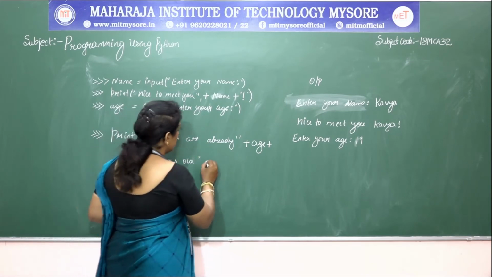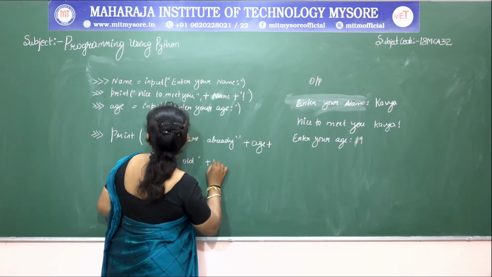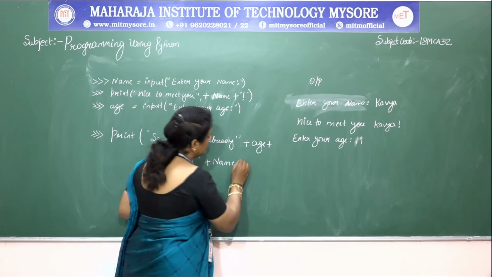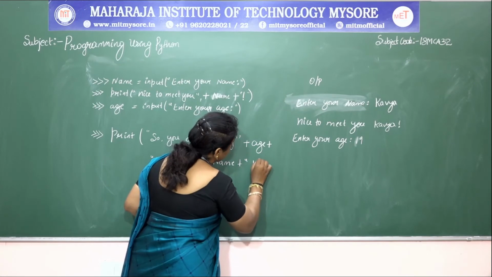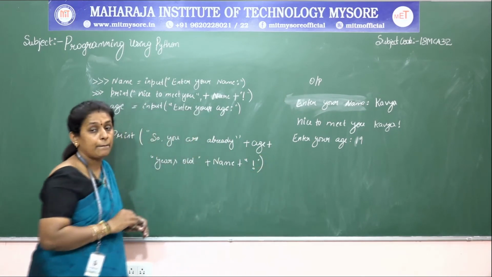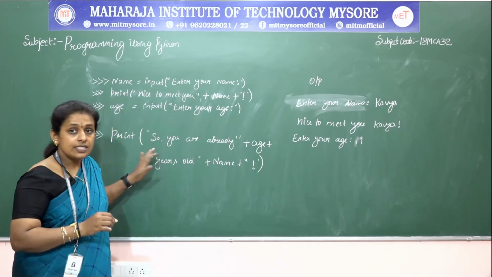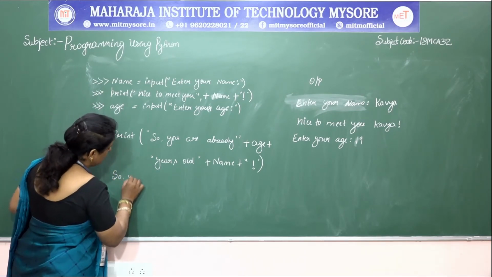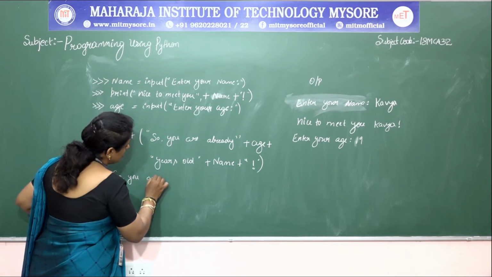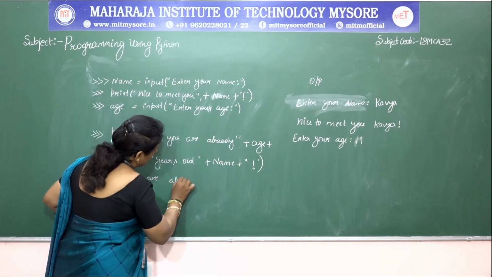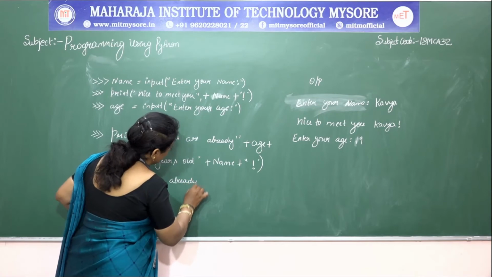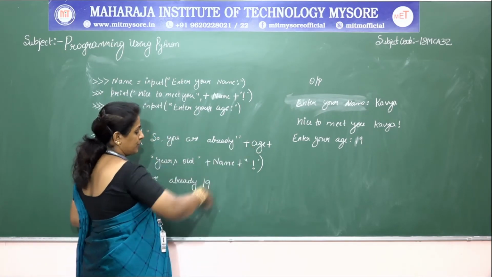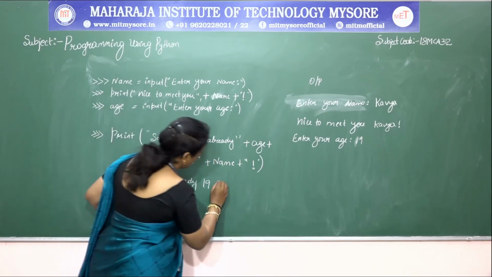So closing this, concatenating the name, and closing the print statement. When this statement gets executed, I will get the output: you are already 19 years old Kavya. The age value is substituted in this statement.